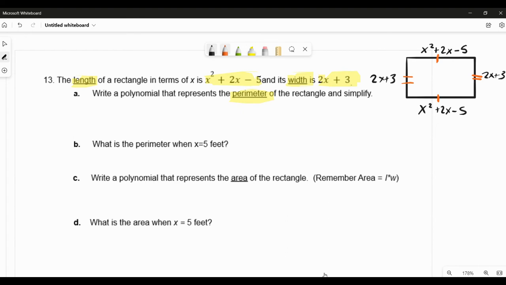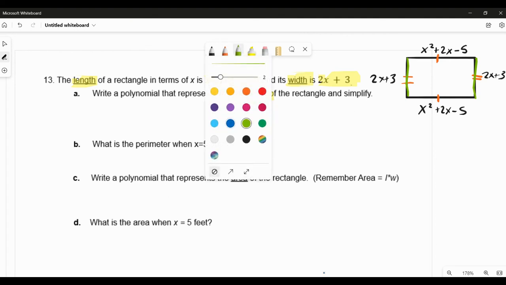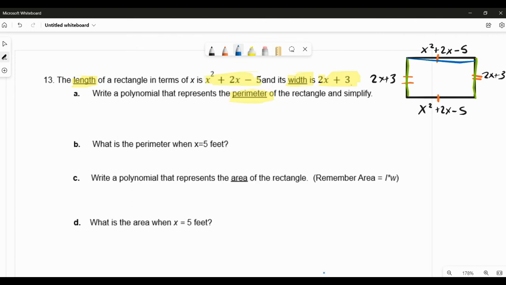And how is that helpful? Because I know that to go around the perimeter of this, it's going to take two widths and two lengths to go all the way around my rectangle. So another way of representing this problem, other than with a picture, is to say that my perimeter of any rectangle can be represented as 2 times my width plus 2 times my length.